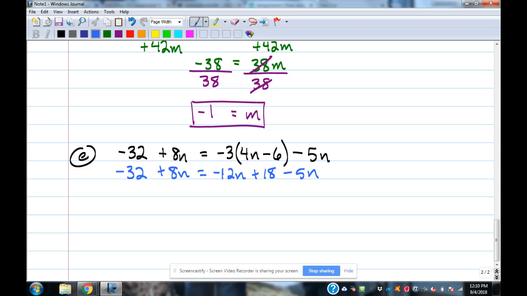What's the next thing we want to do? Okay, so they're on the same side, so I'm going to have -12n and a -5n together would be -17n. So I've got -17n plus 18. So I got a -32 plus 8n equals -17n plus 18.